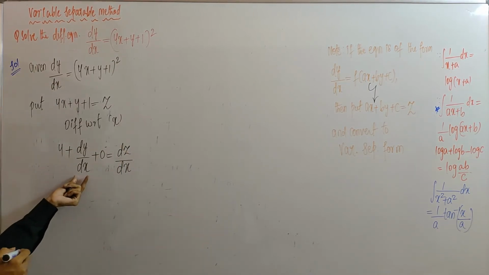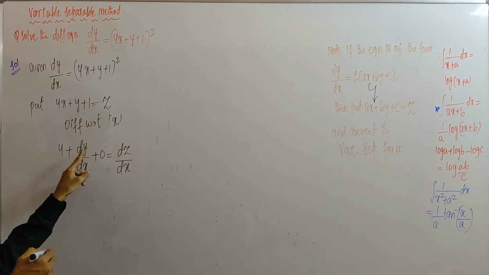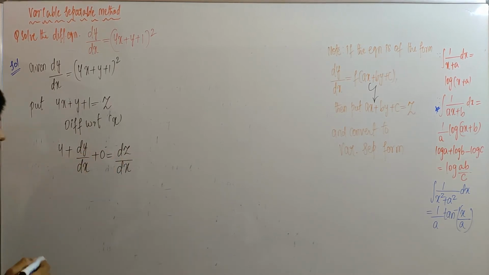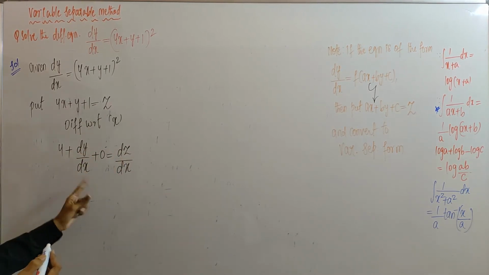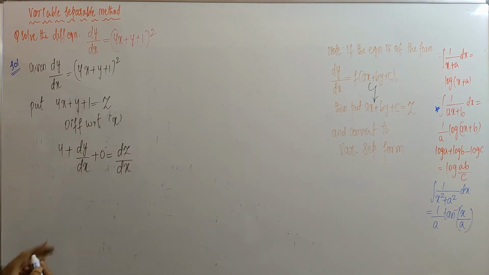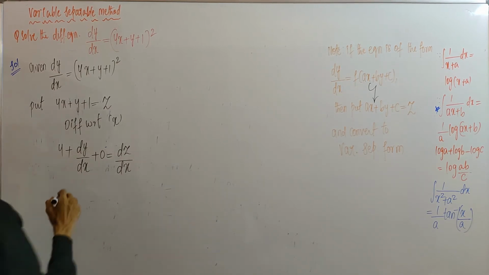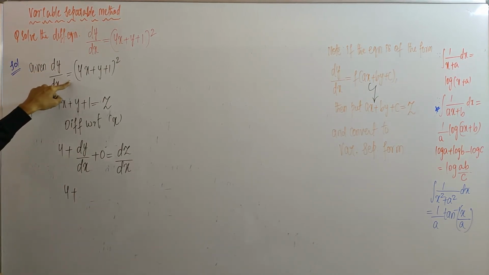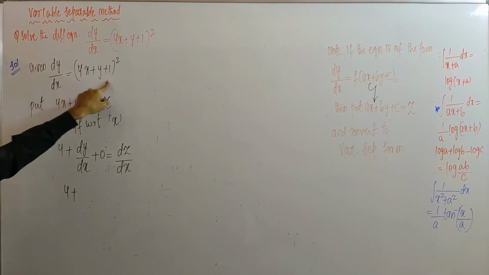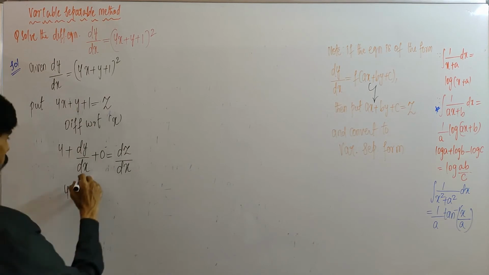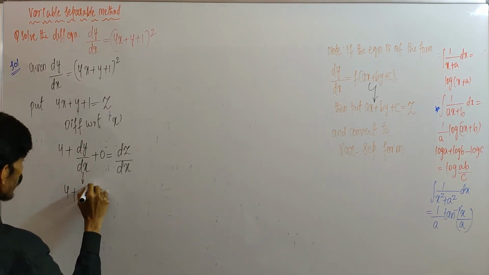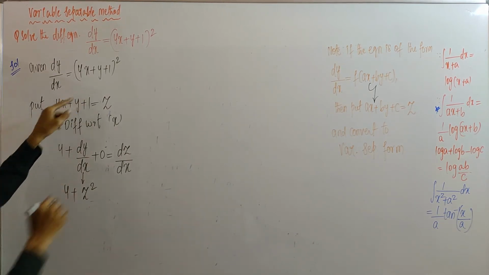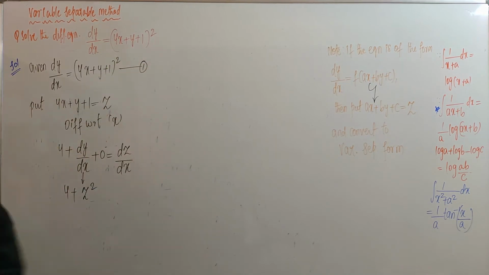Now here we have two derivatives, in terms of y and in terms of z. We want only one type of derivative, so replace this dy by dx, which is equal to 4x plus y plus 1 whole square. So the value of dy by dx is this value z, so this term will become z square. Take it as equation 1.